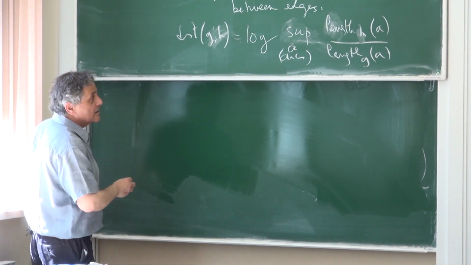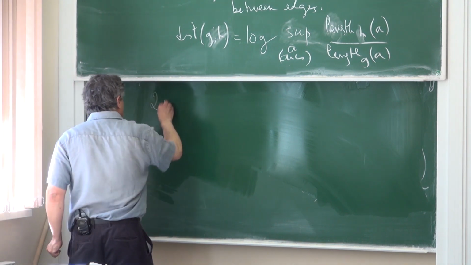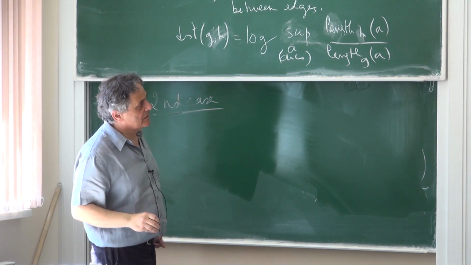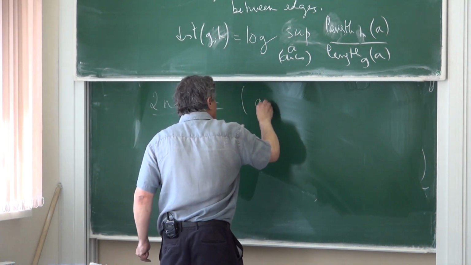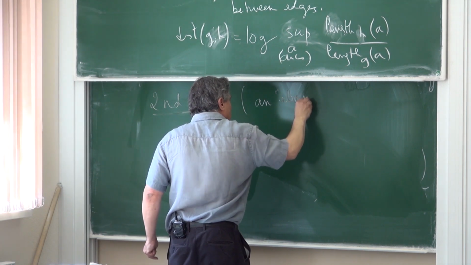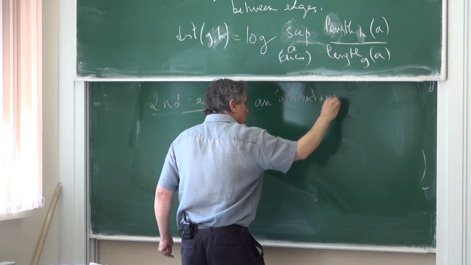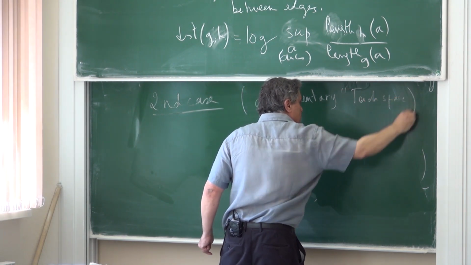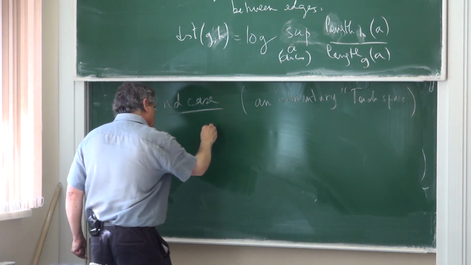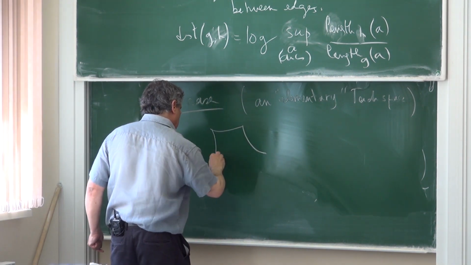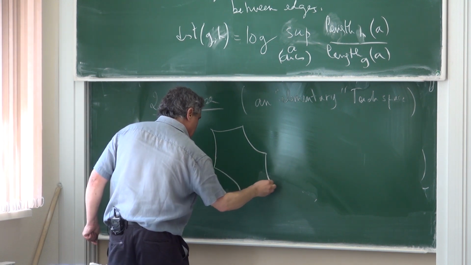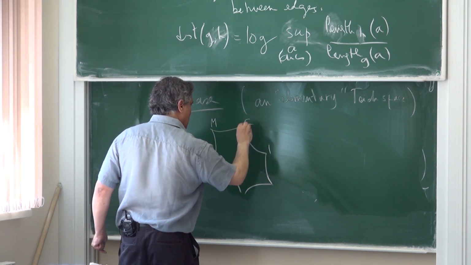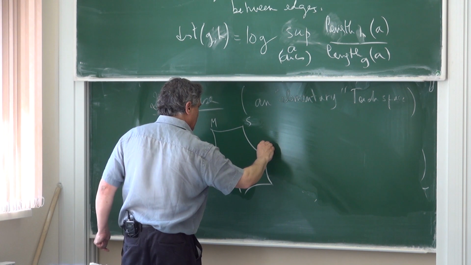So the second case, where you also have an elementary Teichmüller space. I like these 4 letters.